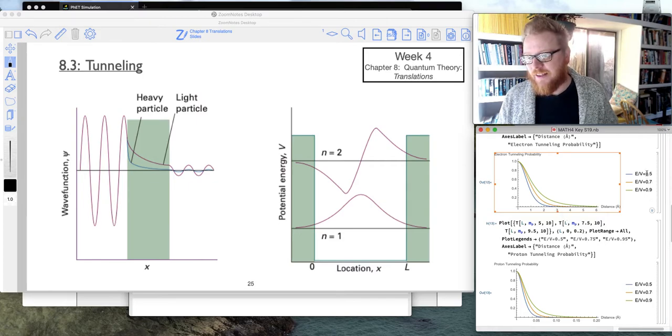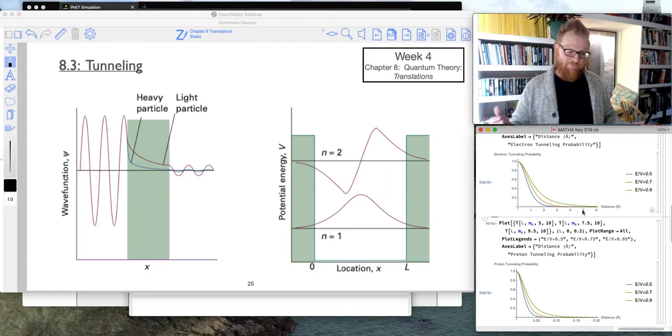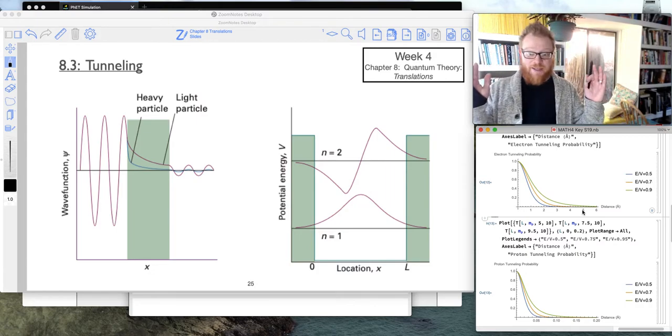And so as the kinetic energy gets smaller, that tunneling distance really falls off. But all the same, we notice that this is a pretty big scale that electrons are able to tunnel over, between 1 and nearly 4 or 5 angstrom. That's a really big distance.